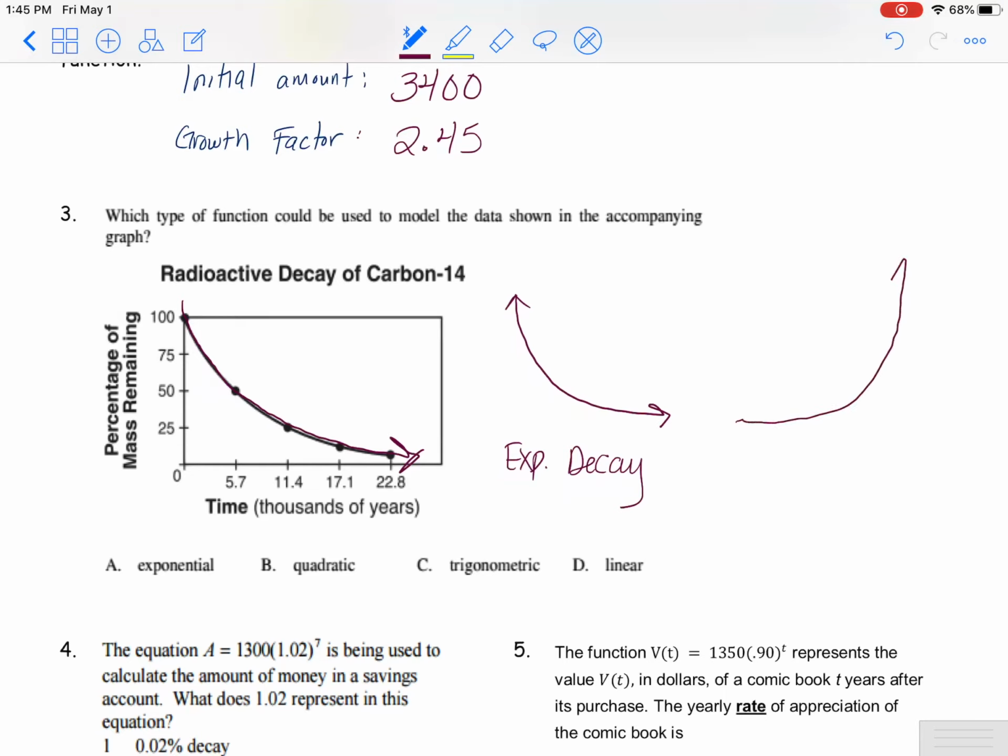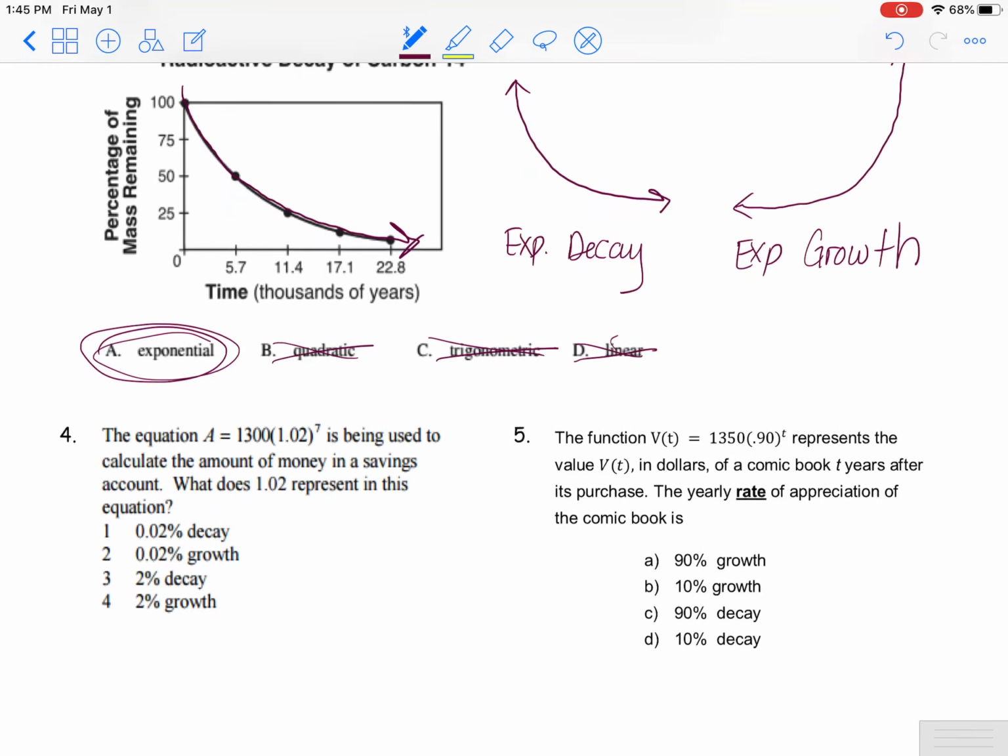Just as a reminder, if I have a graph that starts here and then goes up really, really fast, that's exponential growth. So in this multiple choice question, definitely not quadratic. Trigonometric, we don't even know what that is. Definitely not a straight line. So this is an exponential.